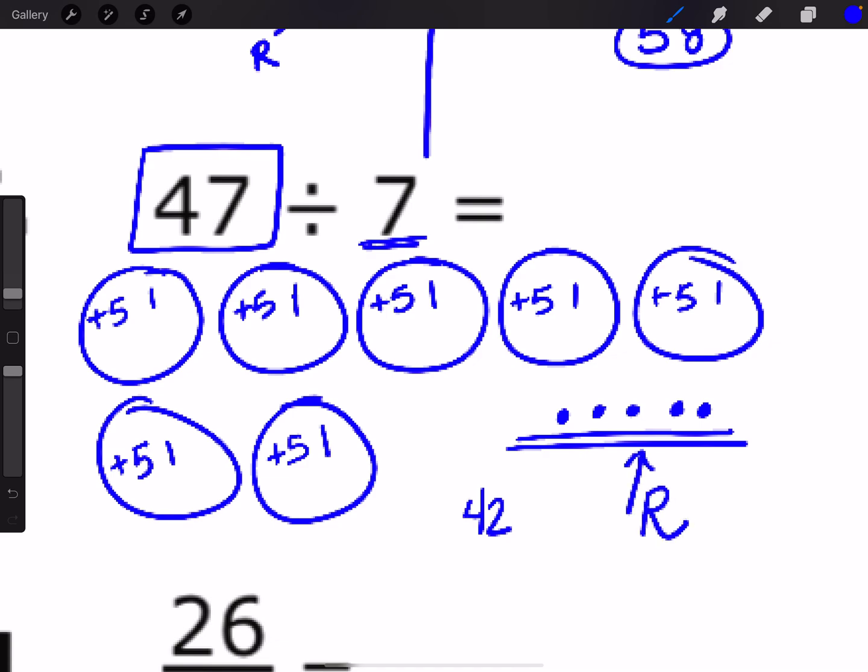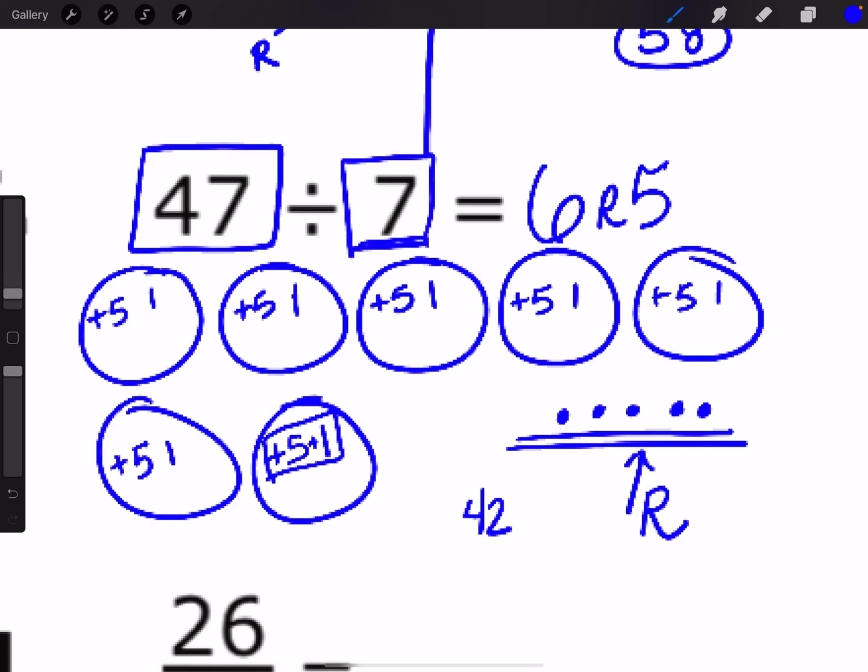So that would be our remainder. So now we need to figure out what is in each group. We have 5 plus 1. That is 6 with a remainder of 5. Again, we can take the divisor with the 6, multiply it together.